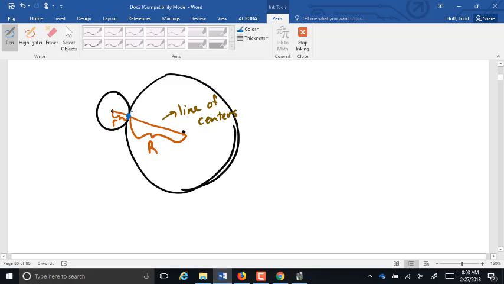Now, rather than going through the process of proving these, because we're running a little short on time, let's just do this. If I run a line through there, if it is tangent to one circle at that point, that means it is perpendicular to that radius, doesn't it? Well, if it's perpendicular there, what do we know about this angle over here?